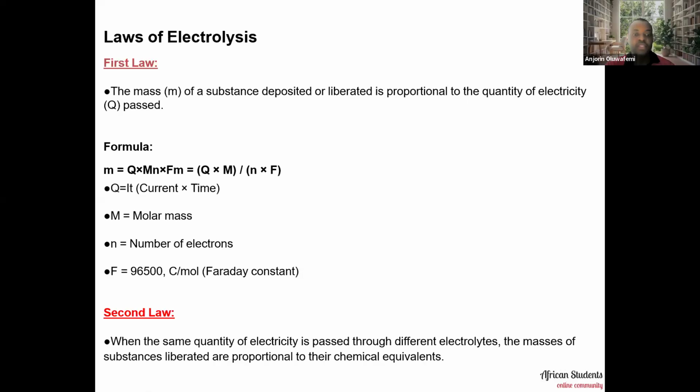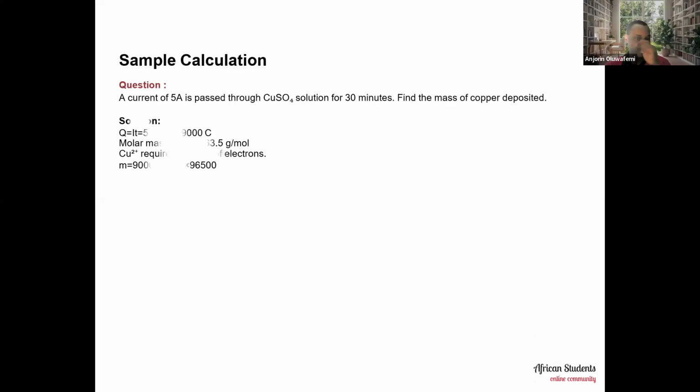Just going by the formula that we had here. So please, let's kindly take note of this and try to understand it so that if you see questions like this, you know how to easily apply it accordingly.